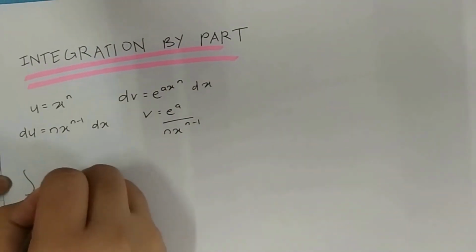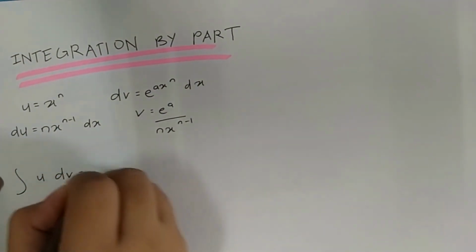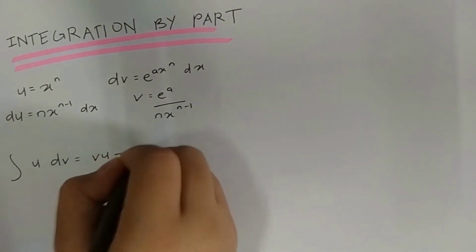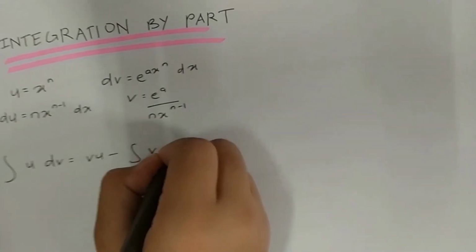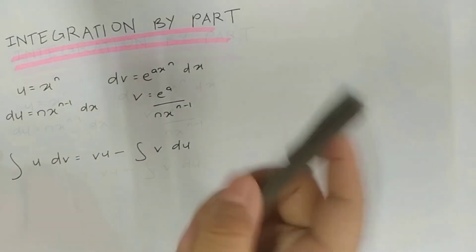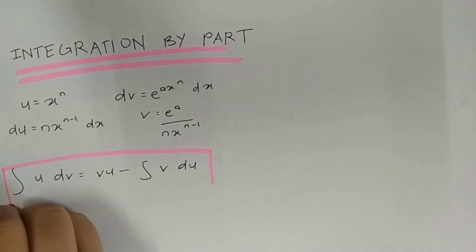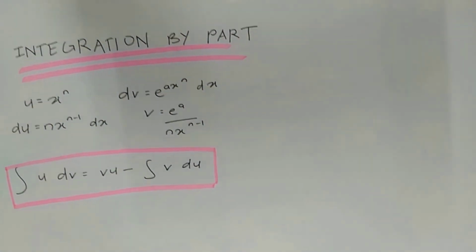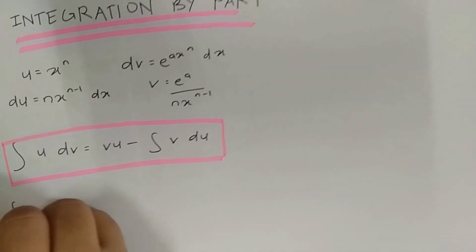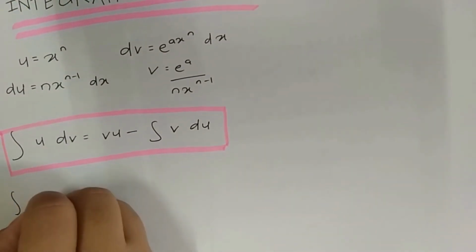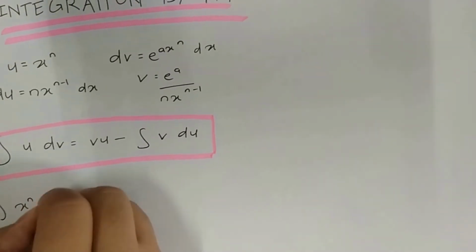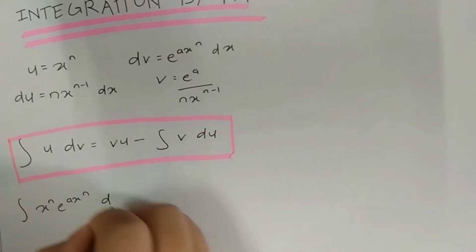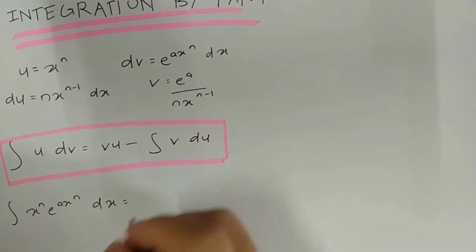The integration by parts equation is integrate u dv equal to vu minus integrate v du. And now we just substitute the u, dv, v, du into the equation.